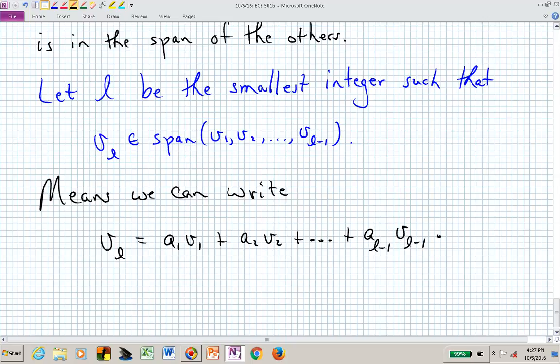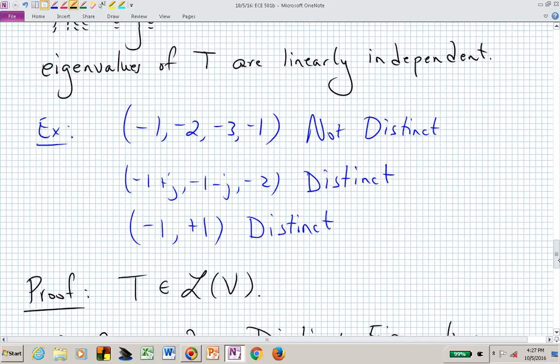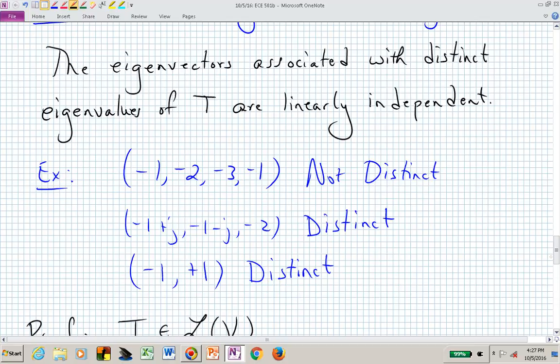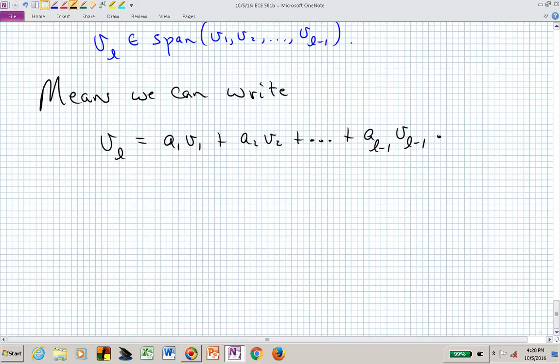But this theorem had a linear map or a linear operator to it, T. So let's now apply that linear operator to both sides of this equation. Let's apply T, the linear operator, to both sides.